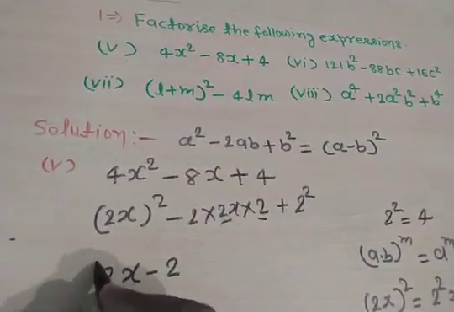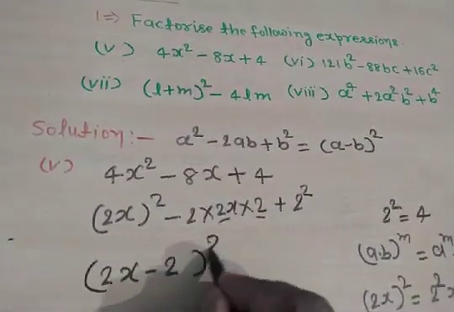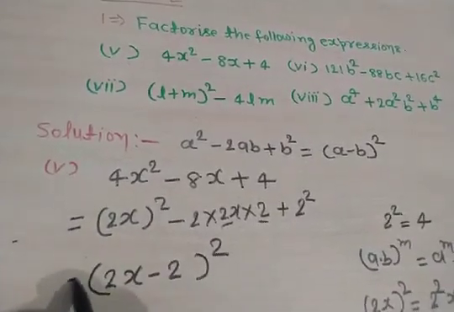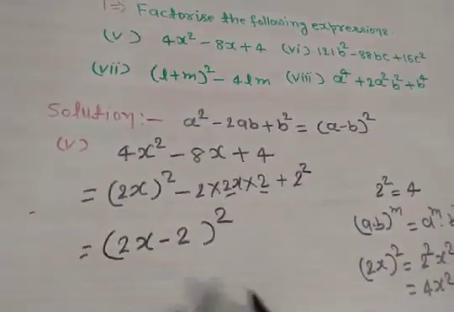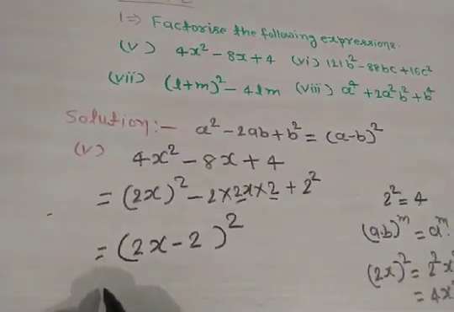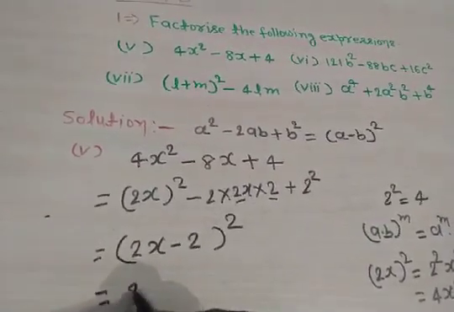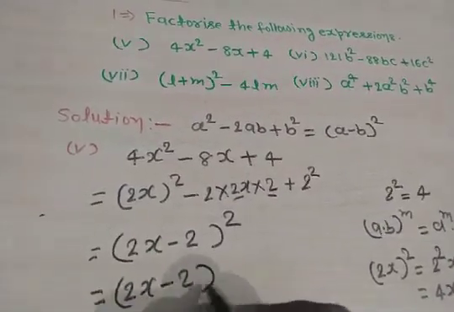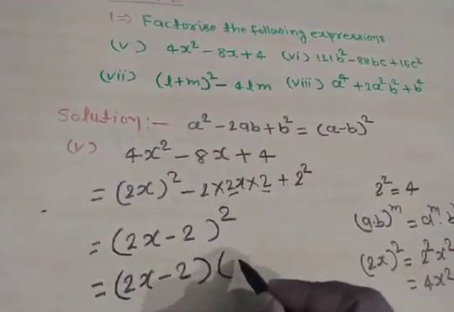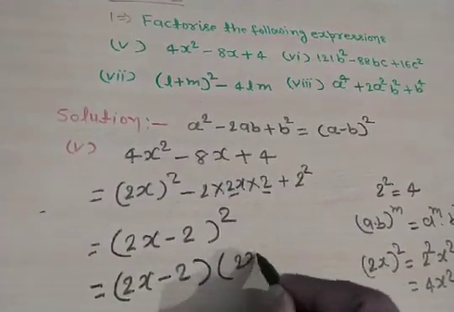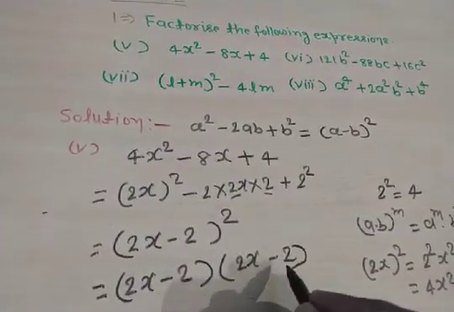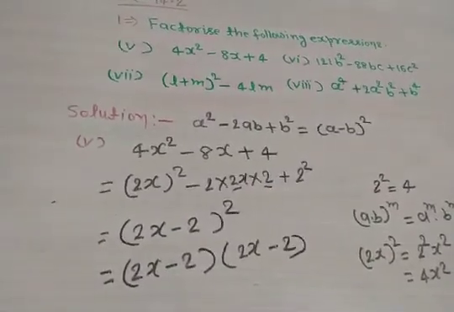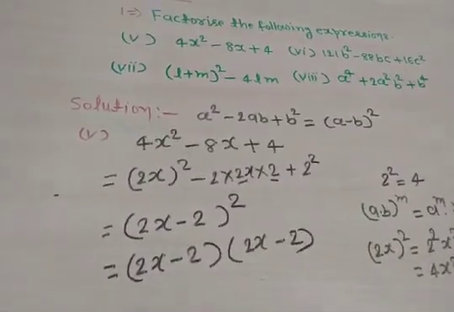So this is equal to, okay, clear? You can also write it as 2x minus 2 into 2x minus 2. These are the factors of 4x square minus 8x plus 4.